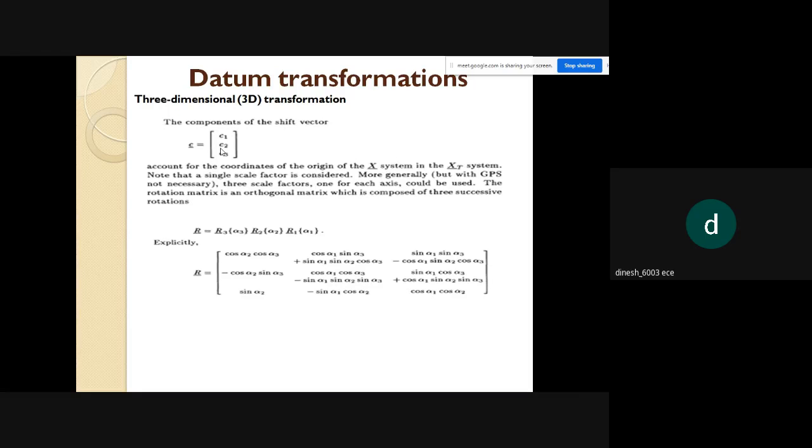The representation in successive rotations is given by the orthogonal matrix R equals R3(alpha 3) R2(alpha 2) R1(alpha 1).